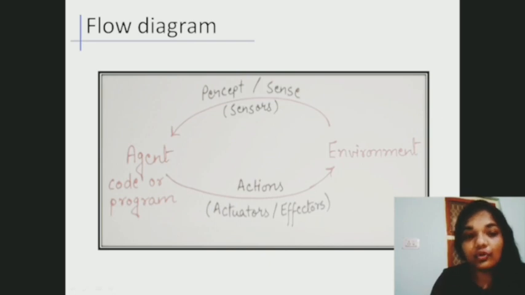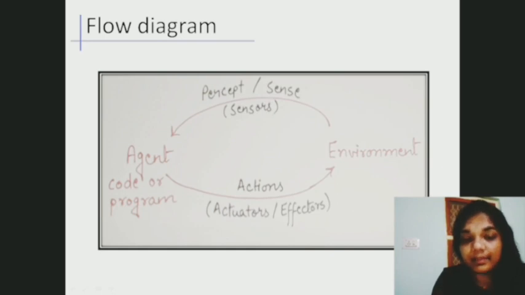Got it? So whatever the agent will be, the agent will be sensing something or perceiving something from the environment, and whatever it is sensing, based on that, it will perform some action that will again go into the environment only. Fine. So this is the whole flow. See, here the aim is you should understand this flow, and you should remember these small words, because these words are very important.